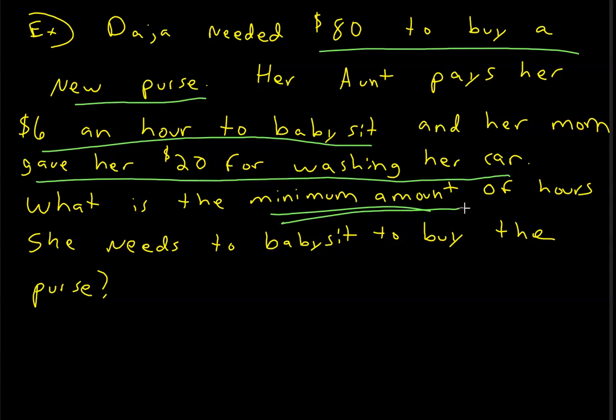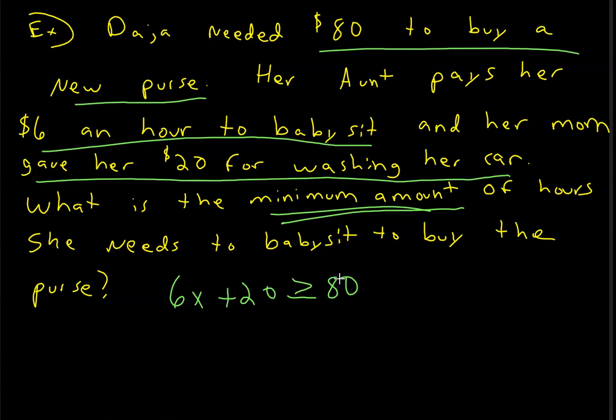She needs $80 to buy the purse, and her aunt gives her $6 an hour, so that's 6x. Her mom has already given her $20, so plus 20, and it says the minimum amount, so we have to have at least $80. So it has to be greater than or equal to $80.